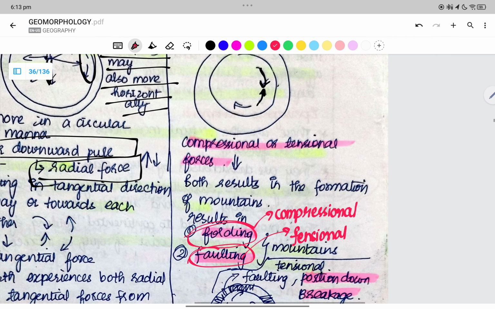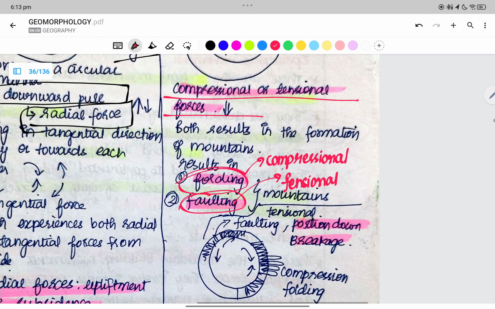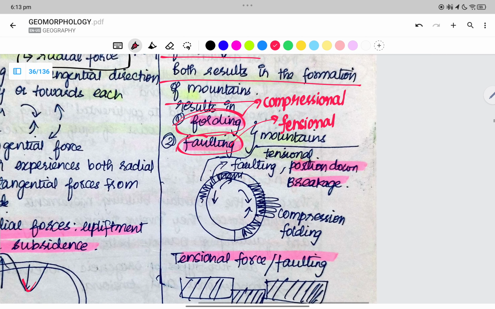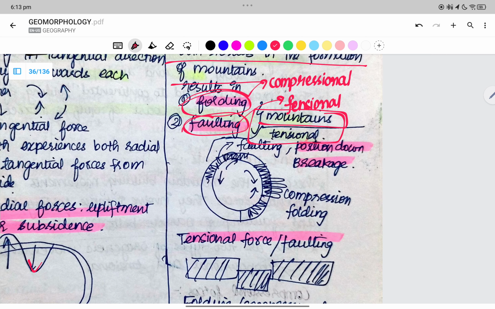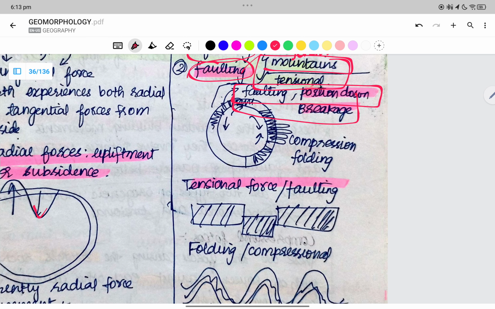Compressional or tensional forces both result in the formation of mountains. Tensional forces mean faulting, breaking down. This is a fault, right? Because it is separating. So this is the tensional force.